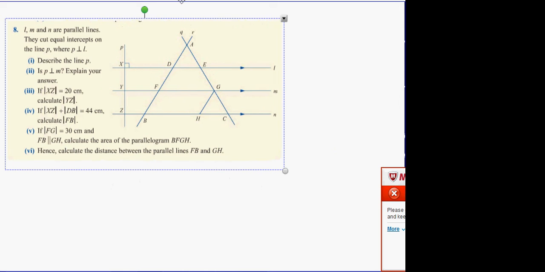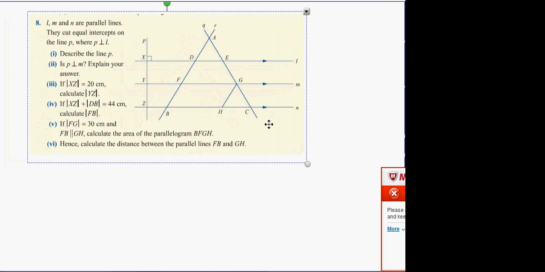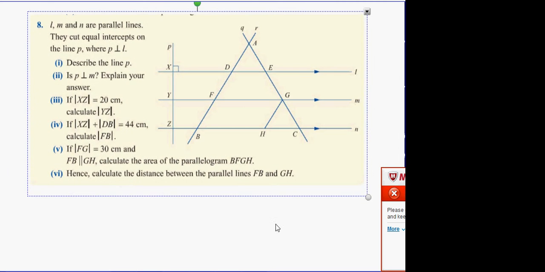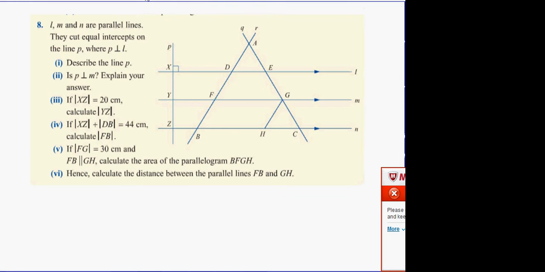Okay. Next one, alright? This is considered the most difficult question in this one. Now, L, M and N are parallel lines, which means that they do what we're talking about in the theorem. They cut equal intercepts on the line P. The line P is here, so that means xy equals yz. Describe the line P. I know it's an unusual question.